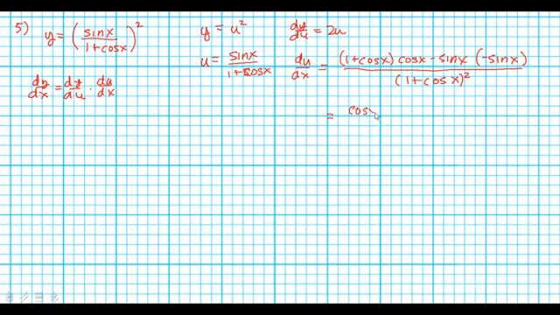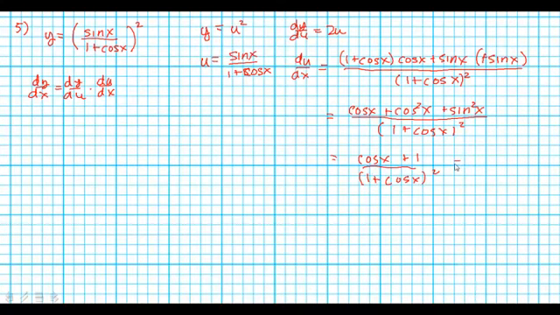I get cosine x plus cosine squared x plus, because of the two negative signs there, sine squared x, and that's all over 1 plus cosine x quantity squared, and then that ends up being cosine of x plus 1 all over 1 plus cosine quantity squared.